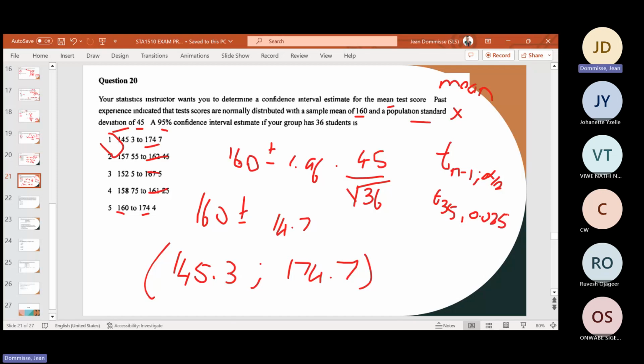So that would have been what we would have been looking for. So then we needed to go to T 35, 0.025. So we would have had 2.03. So if we worked with T, it would have been a bit different.